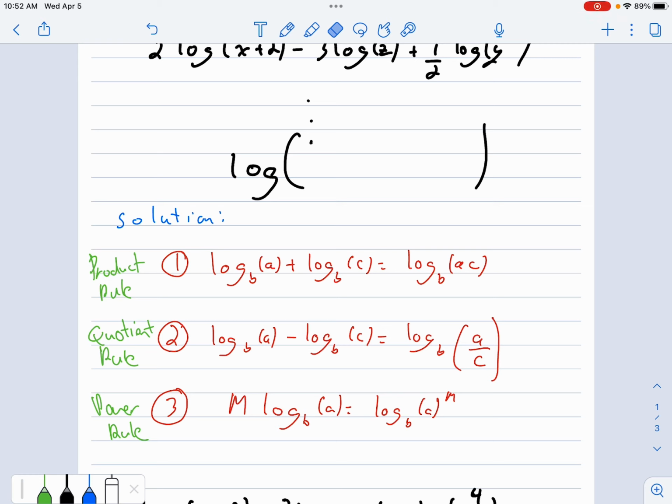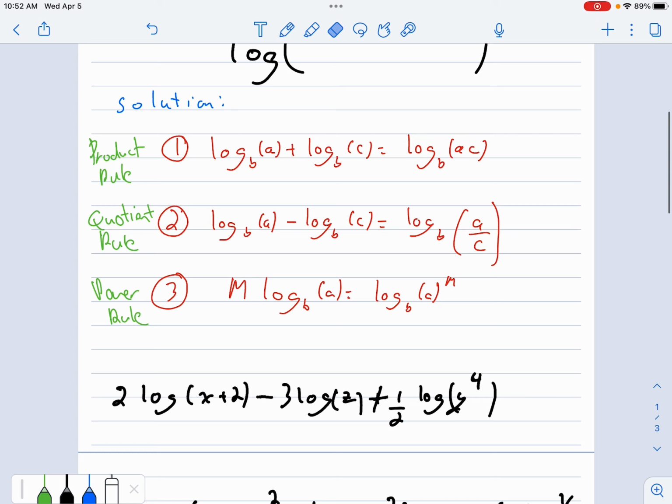The quotient rule says that if you take the difference of two logs with the same base, it's equal to the log of that same base of the quotient of the arguments. So a over c is by the quotient. And finally, the power rule says if you have a number or a variable in front of your log, that can come up as an exponent as such.